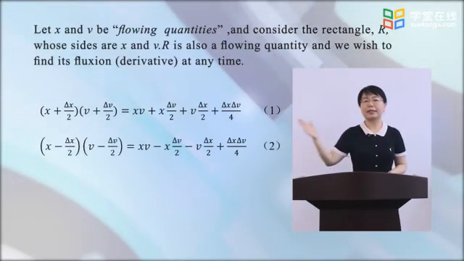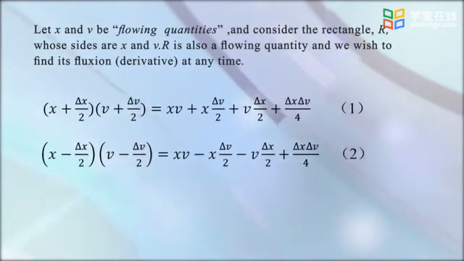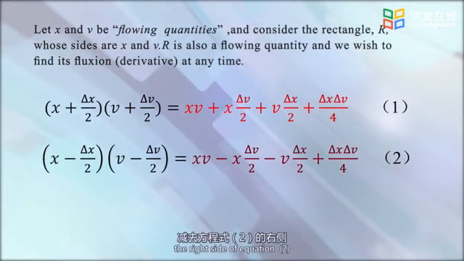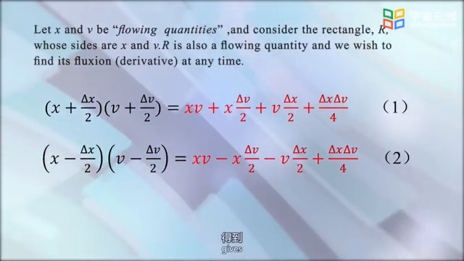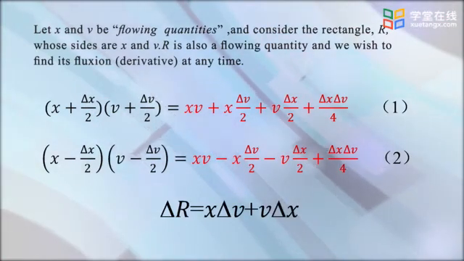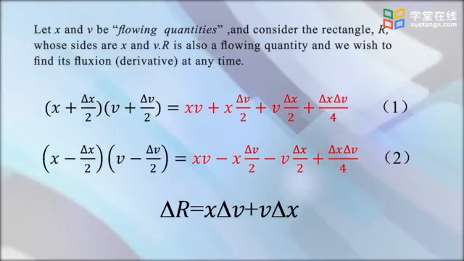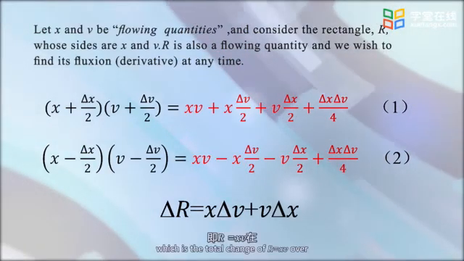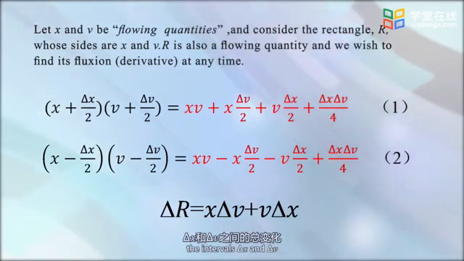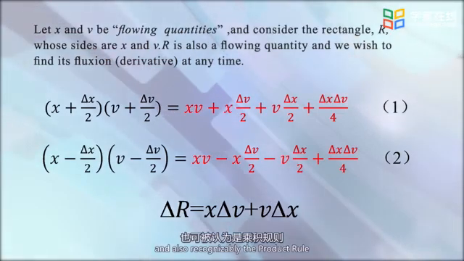Then we'll have a similar expression. Subtracting the right side of equation 1 from the right side of equation 2 gives that delta R equals x times delta v plus v times delta x, which is the total change of R over the intervals delta x and delta v, and is also recognizable as the product rule.